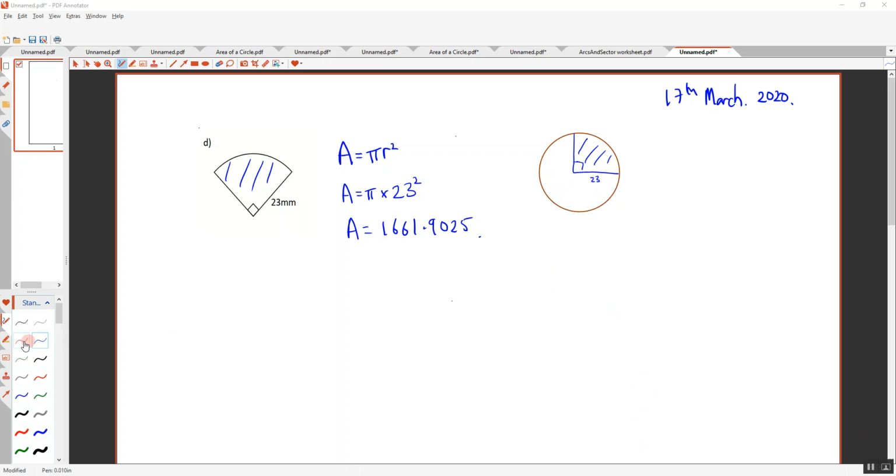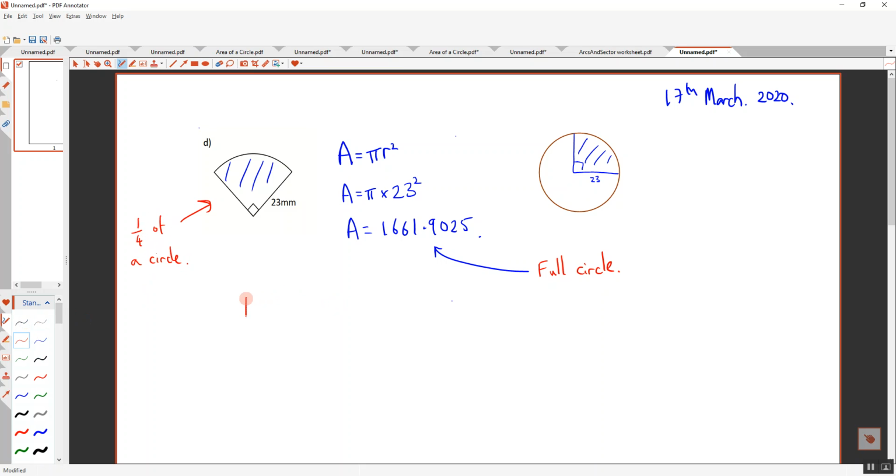All right, so like we said, now this is the area for a full circle. We only want the area for a quarter of a circle. Right, so we're going to divide our answer by 4.